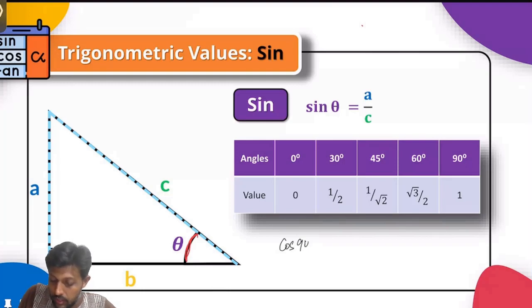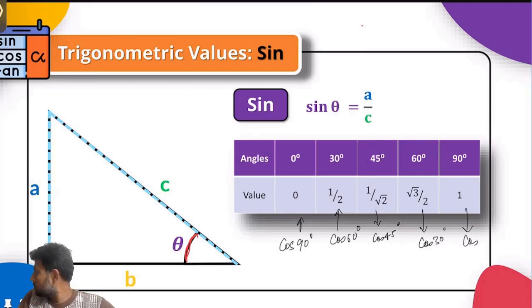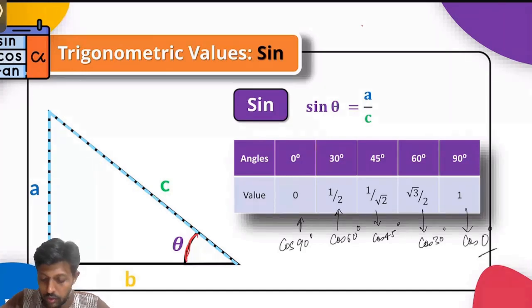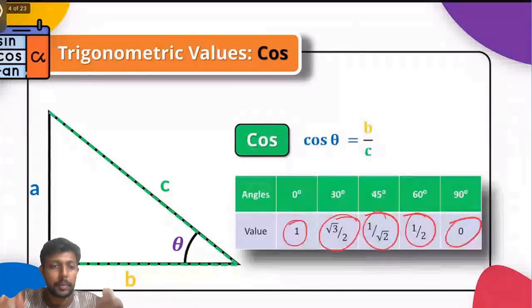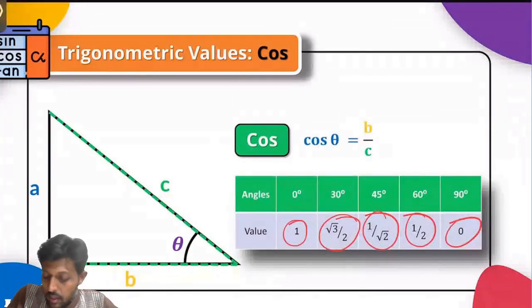This is cos 60 degrees. This will be cos 45 degrees. This will be cos 30 degrees. And this will be cos 0 degrees. Okay? So you just see it has got flipped. The left, so a mirror image basically.